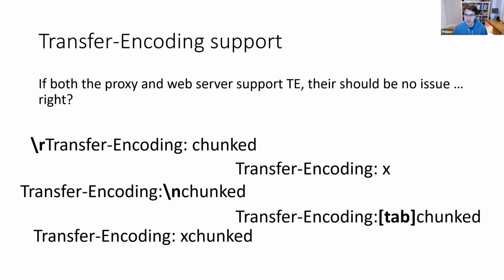So all those small differences, if you look at the code of proxies or the HTTP stack from a web framework, you might be able to see some behavior that is, I would say, more naive, or sometimes it's just to help the developers.